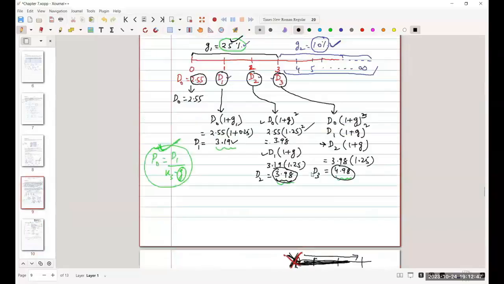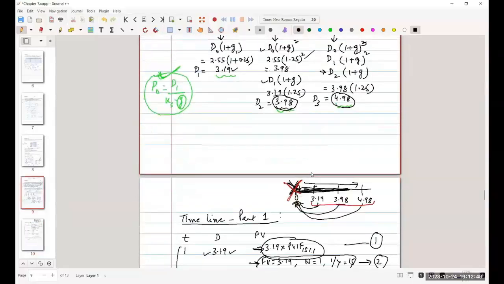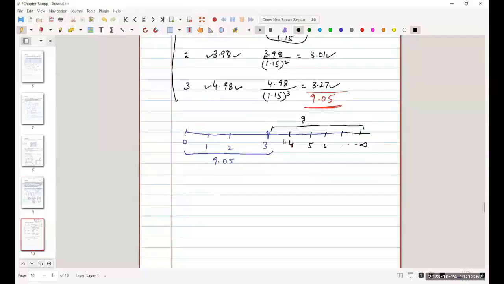Let's check back. 10% growth rate. This is G2. So we don't need to worry about the first part. This is done, so I'm just going to cancel that out. We don't need this anymore for now, because we want our entire focus on this section of the timeline.